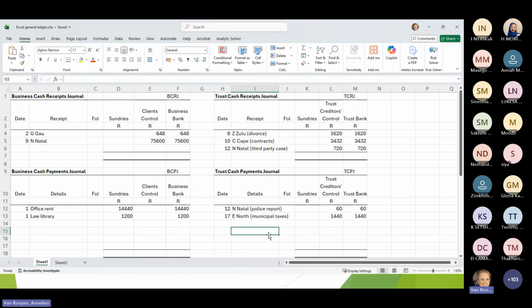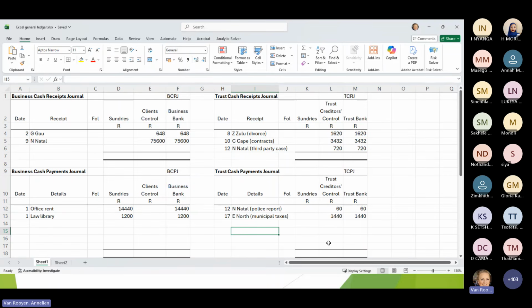On the 18th, the transaction between trust creditor eNorth, the one that we just had, and the buyer F East is concluded. The balance on the trust account of eNorth is paid out to him. We can't do much at this stage because we haven't done the transactions.